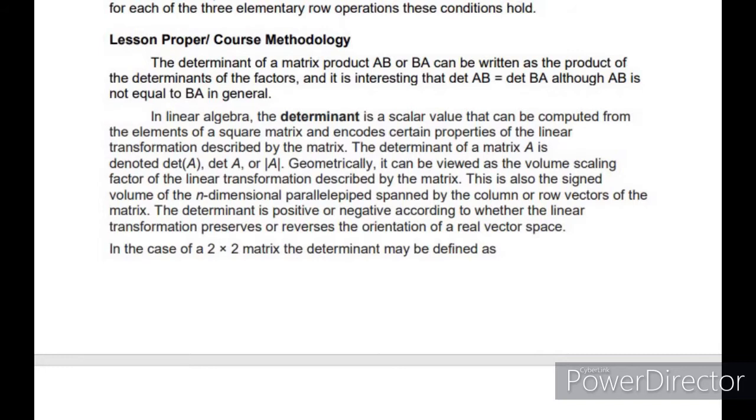So the determinant is positive or negative according to whether the linear transformation preserves or reverses the orientation of a real vector space. So the determinant can be positive or negative based on the linear transformation. Okay?